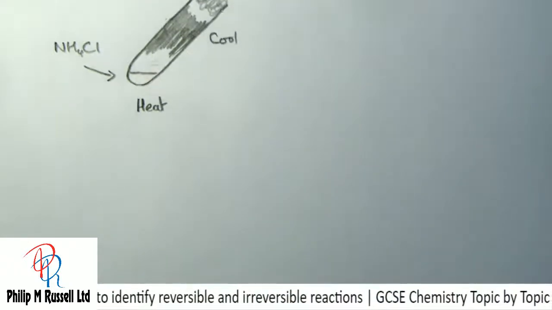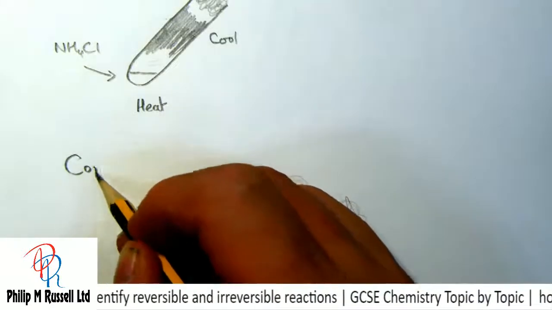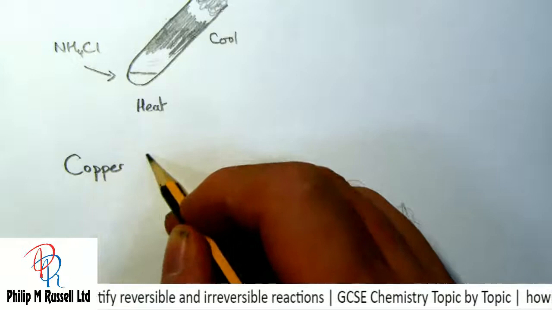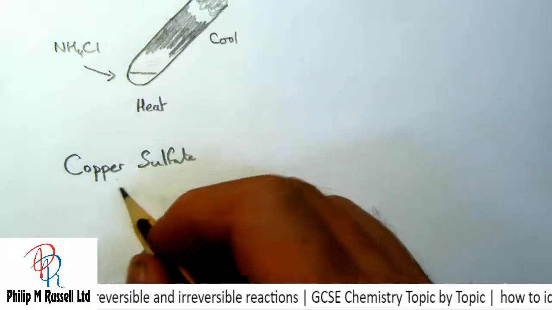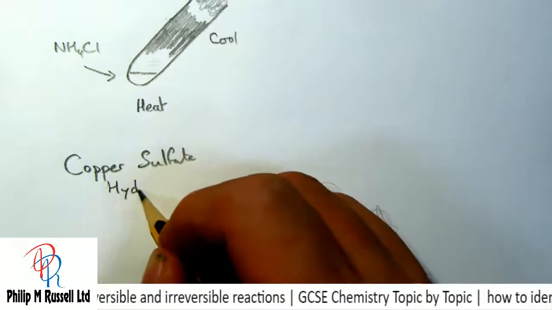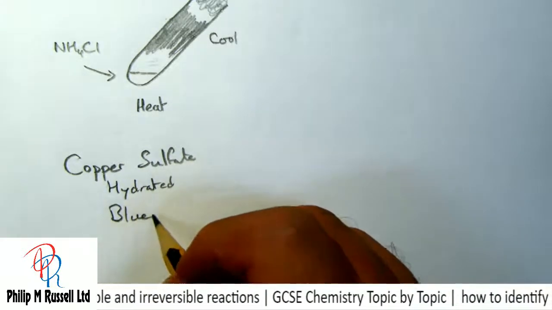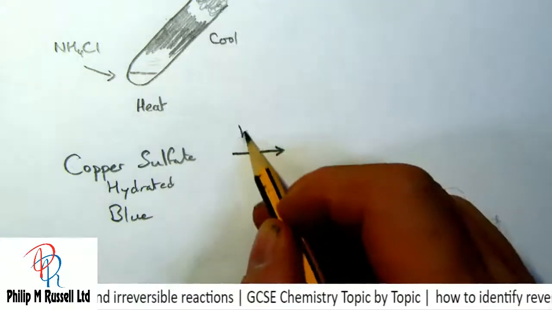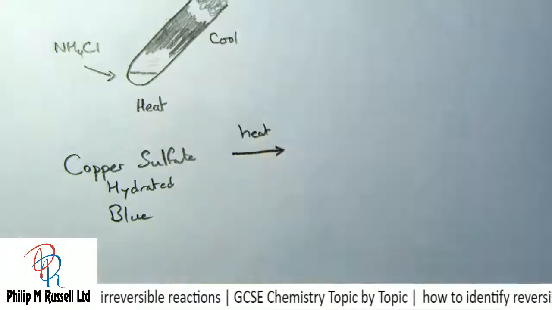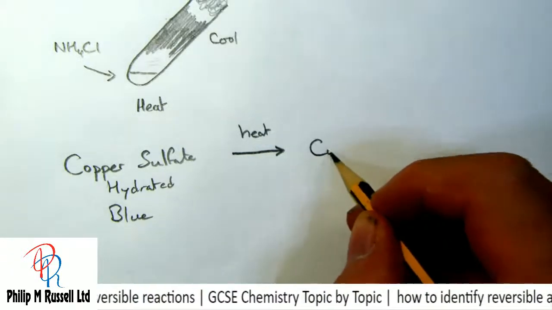So what we're going to do is take some copper sulfate, and this is hydrated, which is blue, and we're going to supply some heat to this. As we do this we make copper sulfate.